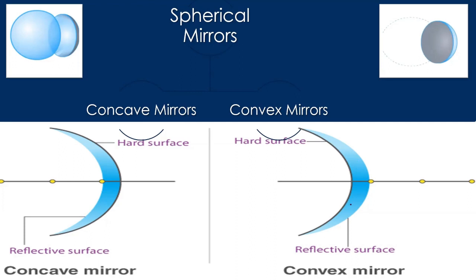The inside of this spherical glass is coated and the outside is kept as it is, so that becomes your reflecting part. In a concave mirror, it is different. This is the difference between a concave mirror and a convex mirror.